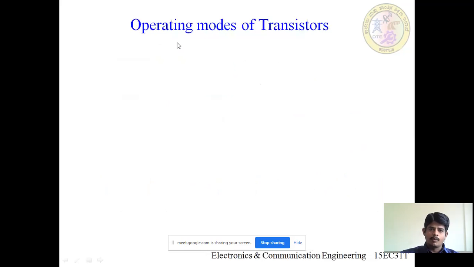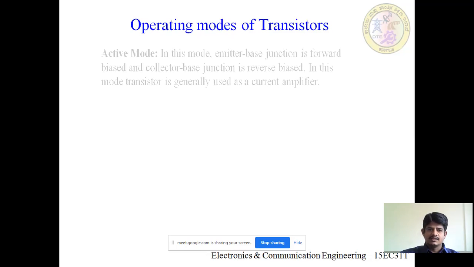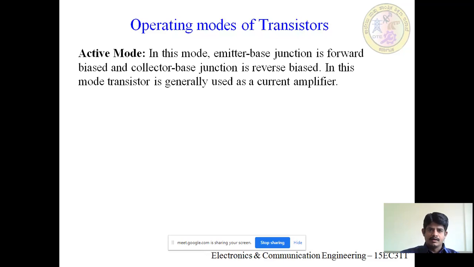Coming to the operating modes of a transistor, we have different operating modes. You already learned them in the previous semester. They are active mode, cutoff mode, and saturation mode. These are the three modes of operation of a transistor. Active mode means whenever we want to use a transistor as an amplifier. Amplifier means the one which increases the strength of a signal.